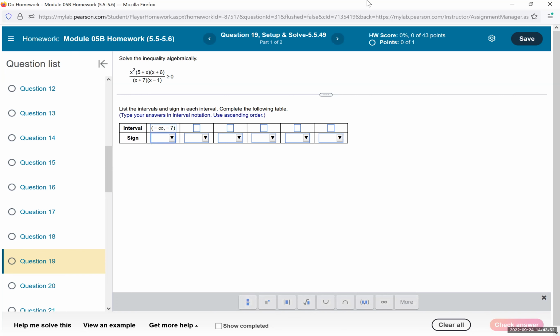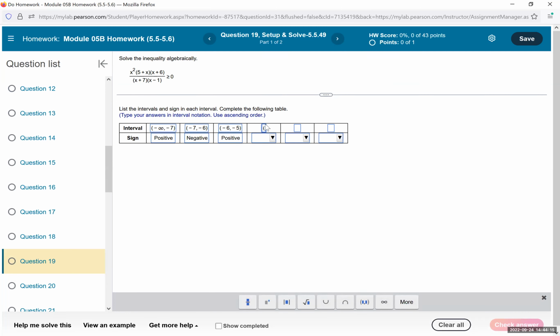And that was positive. The next one is going to be from -7 to -6. And that was negative. And then the next one is -6 to -5. And I believe that one was positive.